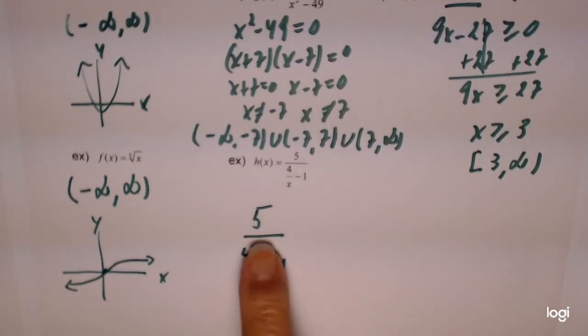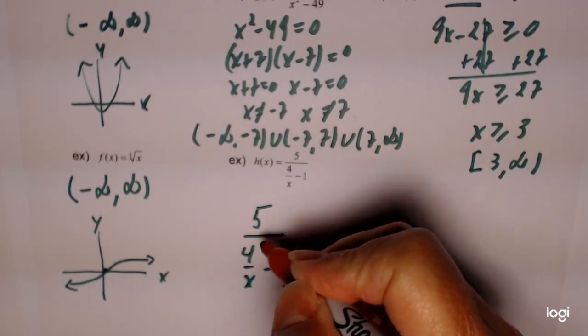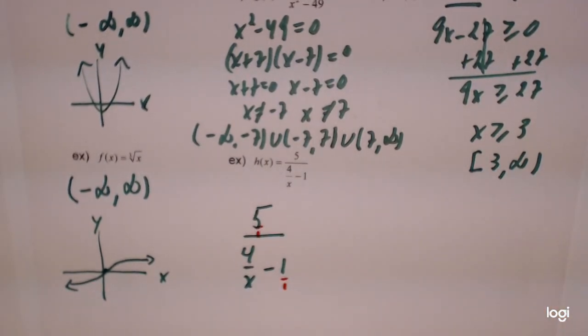So here, we have 5 over 1, 4 over x, and here -1. So we can see, we could put this over 1 and this over 1 just to make everything a fraction. The denominator we want to clear here is this x. We want to clean up this denominator so that we don't have this little fraction in it.